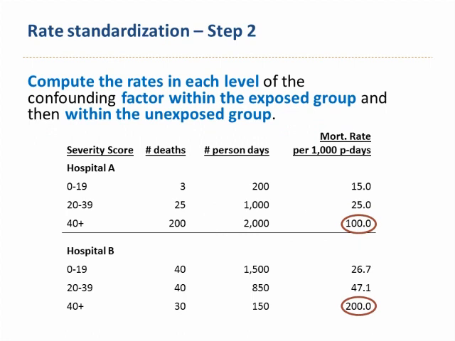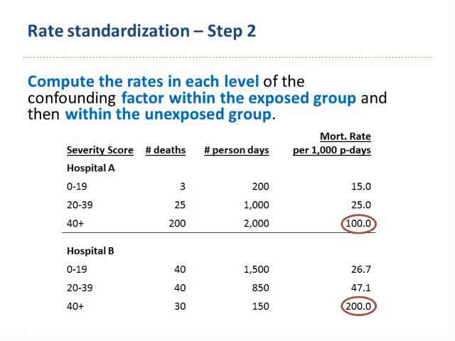In step 2 of rate standardization, we compute the rates in each level of the confounding factor within the exposed group and within the unexposed group, or in this case, within Hospital A and Hospital B. So for Hospital A, in the lowest severity score group, we had 3 deaths in 200 person days, which translates to a mortality rate of 15 per 1,000 person days.